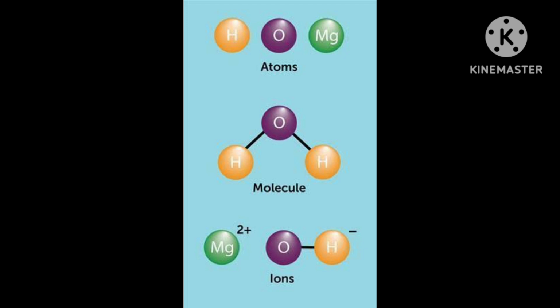Pressure. The SI unit of pressure is Pascal, Pa, or it is also known as Newton per meter square. This is the pressure unit I am telling you. Pressure is equal to Pascal, capital P, small a, or Newton per meter square.